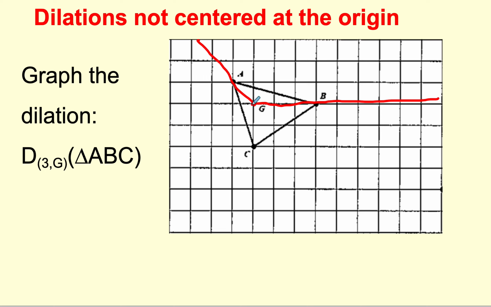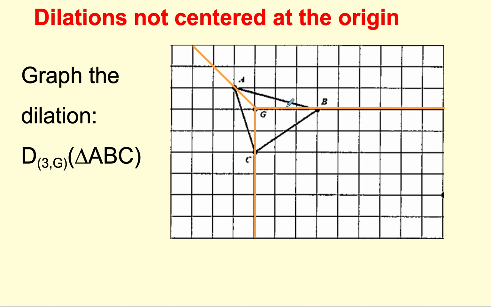We want to move C farther away from G. So it's going to move farther away, and therefore the triangle will get bigger. Let me go to this next picture where I've already drawn the lines nice and straight. 1, 2, 3. This is a distance of 3. We want to do a scale factor of 3, which means I'm going to do 3 times 3, which is 9. So that'll be 6, 7, 8, 9.